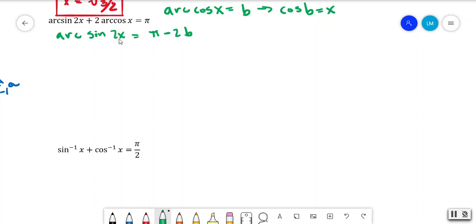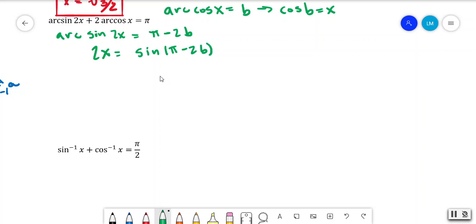So let's take the sine on both sides, so that way we have 2x equals sine of pi minus 2b.